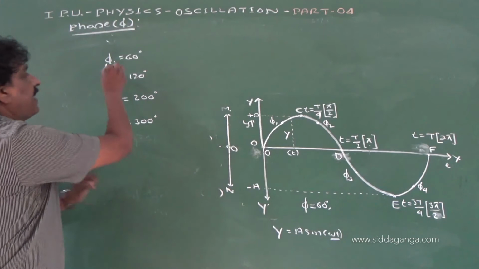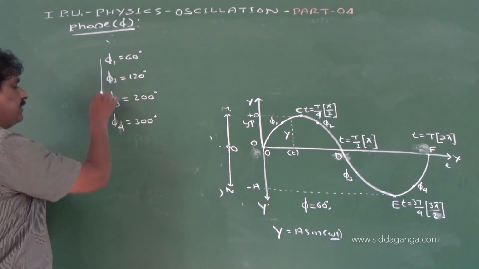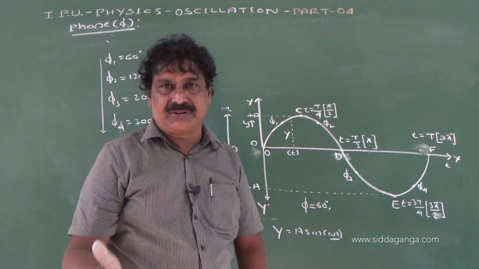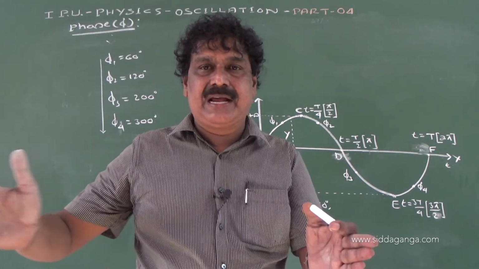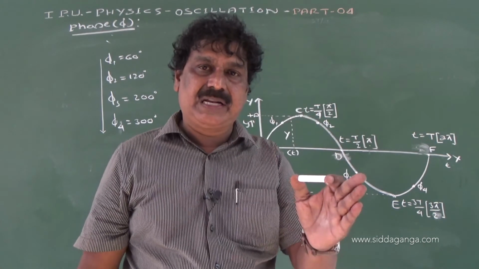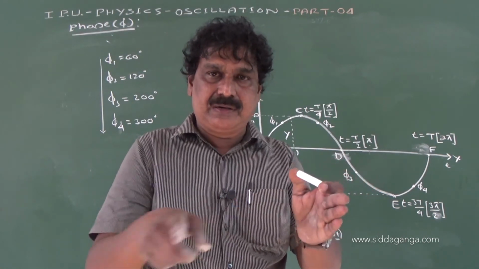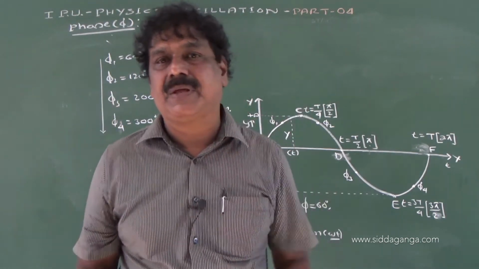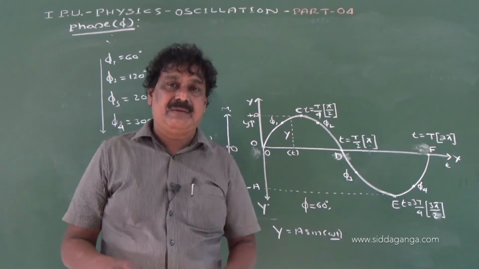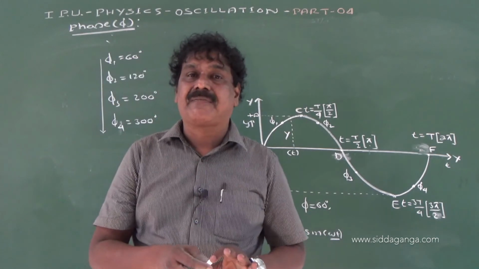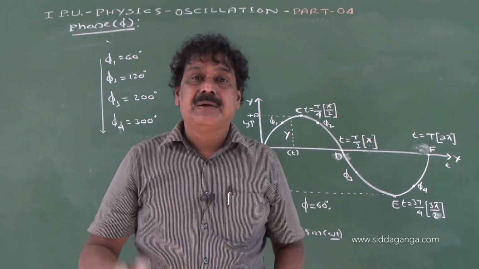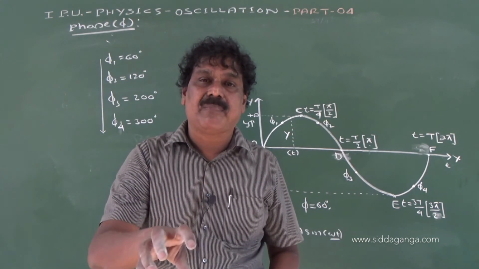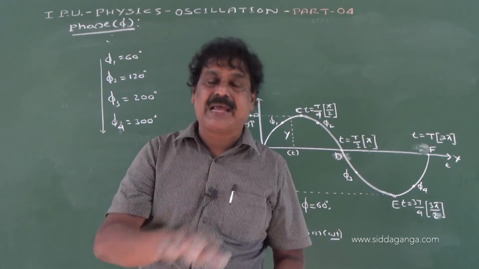So all these phi 1, phi 2, phi 3, phi 4 are in 4 different directions. 2 on the positive side and 2 on the negative side. On the positive side, away from the mean position and towards the mean position. On the negative side, away from the mean position and towards the mean position. So the phase of a vibrating particle at any instant of time gives the position of the particle and the direction of motion of the particle at that instant of time.